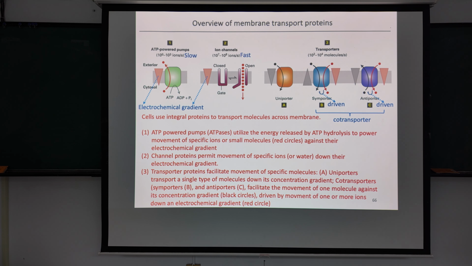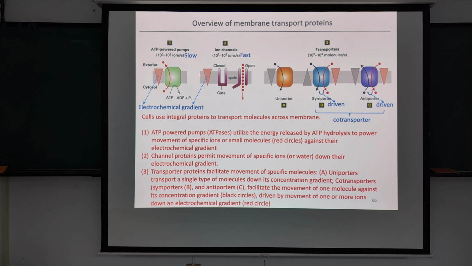Let me briefly explain how they can use this as energy. When the red molecule transfers from this side to the other side, it changes the conformation of the symporter or antiporter. And changing this conformation needs energy, so they gradually transport the black molecule against the electrochemical gradient, something like that.